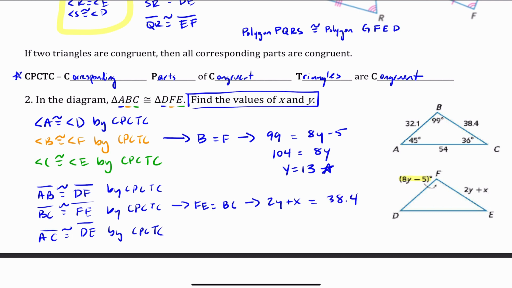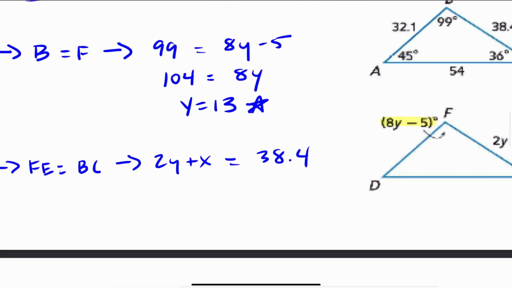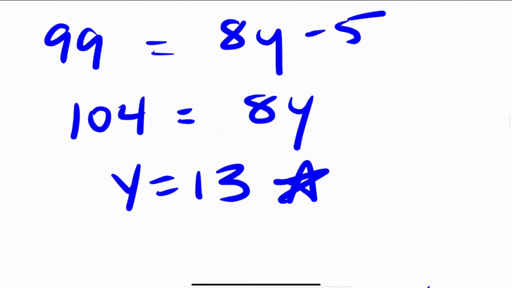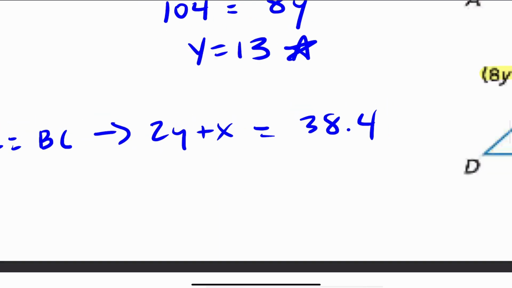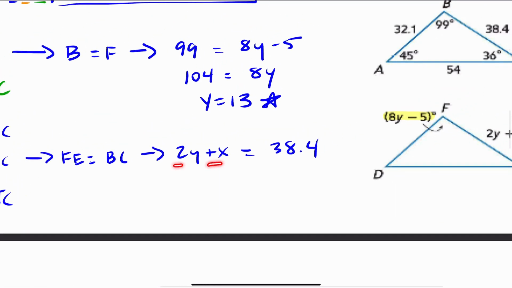38.4. Okay, and what am I going to solve for? Well, I already know what y is equal to, so I need to look for what x is equal to. But notice that I have two different variables here, and since y is equal to 13, I'm going to replace that y with 13. So I have 2 times 13 plus x is equal to 38.4.